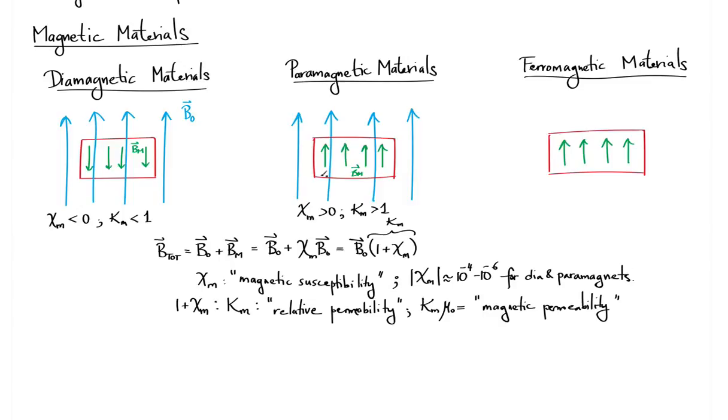And, for instance, all sorts of different kinds of metals can be either diamagnetic or paramagnetic, right? So for instance, aluminum is paramagnetic, sodium, all sorts of materials. These are just some random ones, okay, platinum.